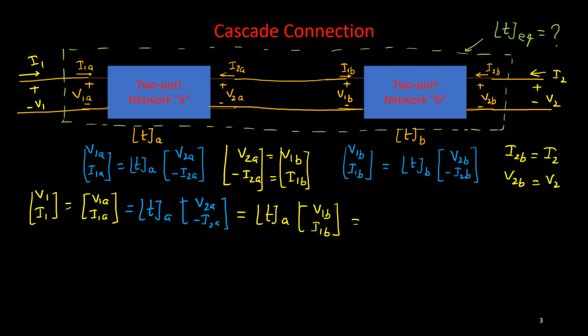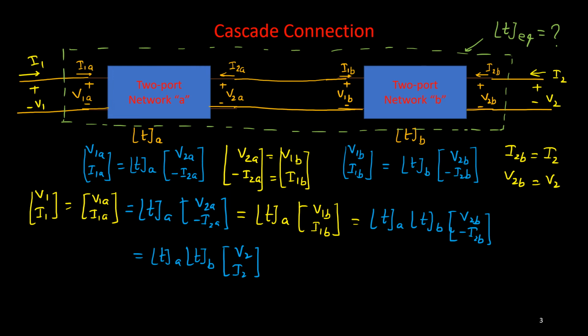So this is your TA, now that one I can replace with TB times V2B, minus I2B. So now you see it is TA, TB, and V2A equals V2 and I2A equals I2B equals I2 simply.